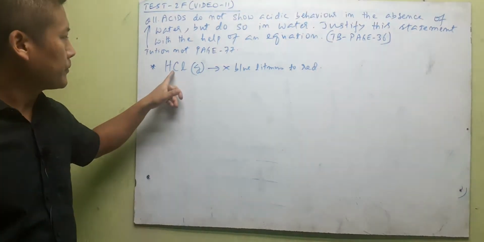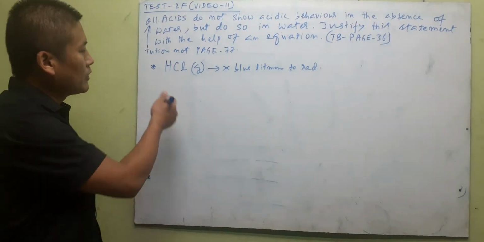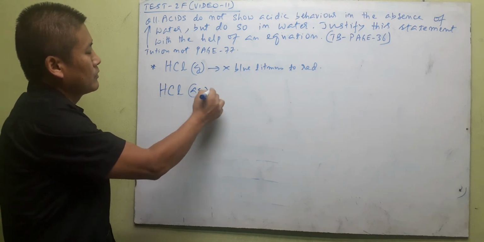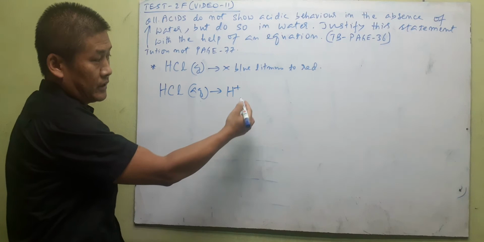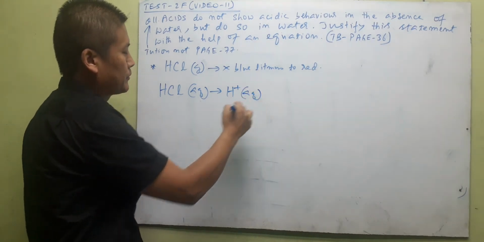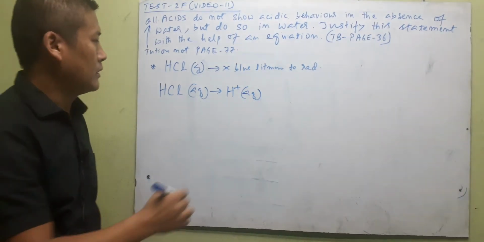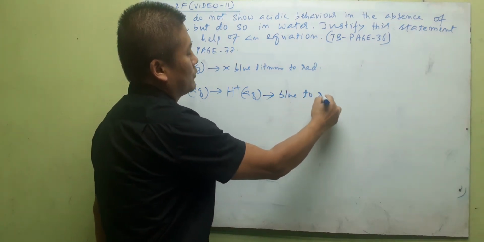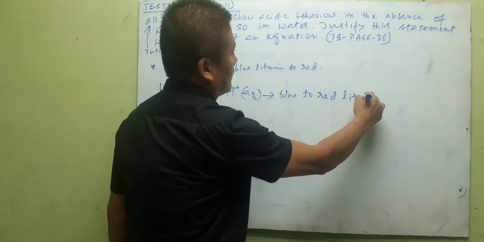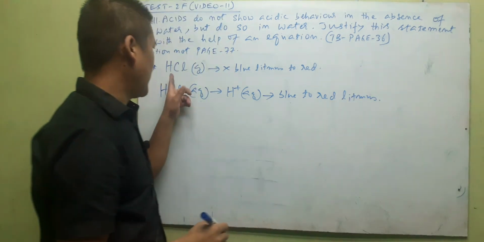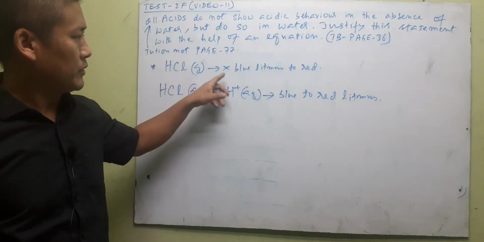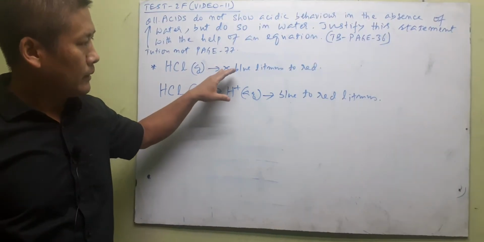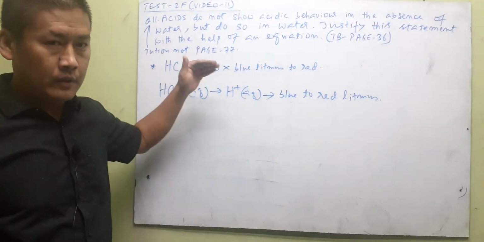In other words, the H+ will come out only when you dissolve it in water. So when you put this HCl in water, that is aq, then this is released. H+ is released only when dissolved in water, and this is the one that turns blue litmus to red. So the dry hydrogen chloride gas could not do it because it cannot release H+ ion because of its dry nature. No water is there.